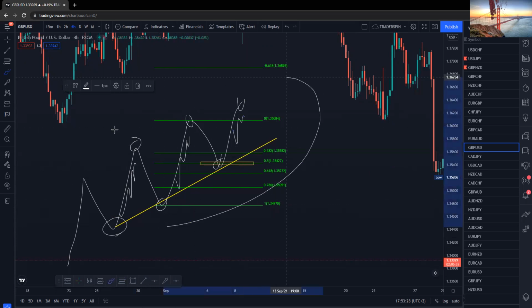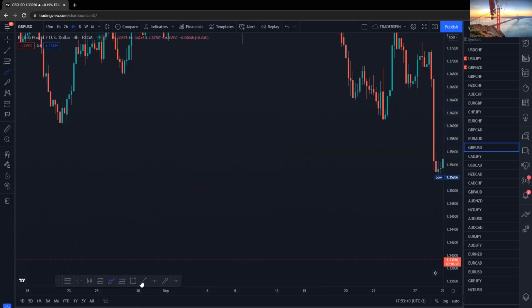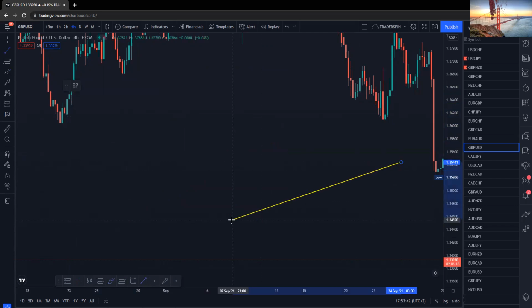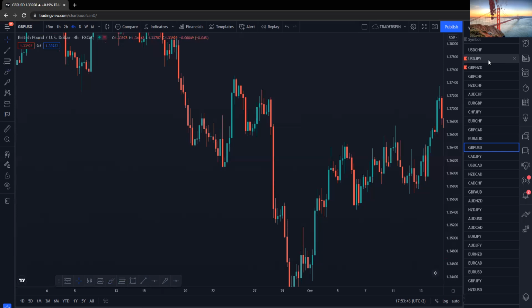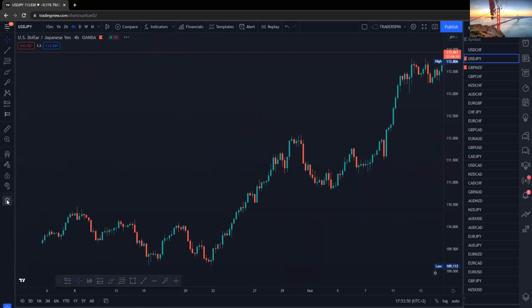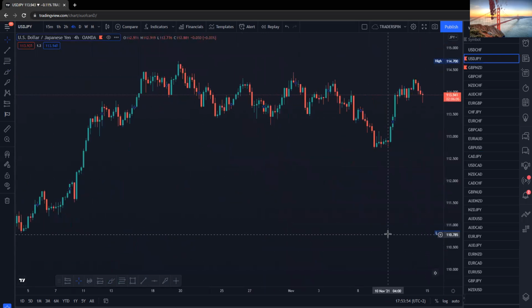That is why I said to you that you must try to familiarize yourself with such. You must try to be able to spot these when it actually happens. For instance, I was looking at USD JPY.